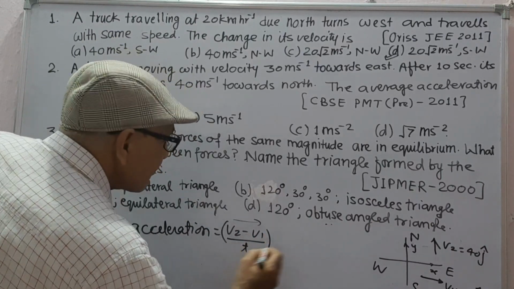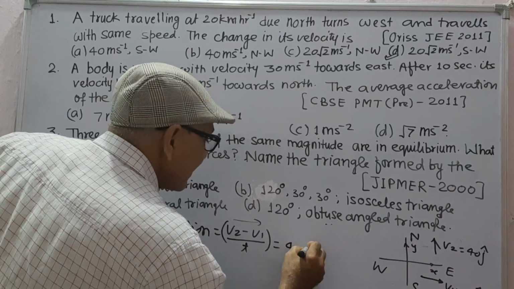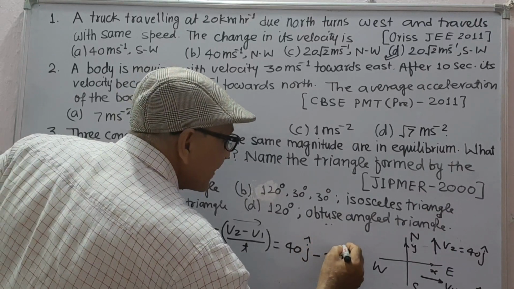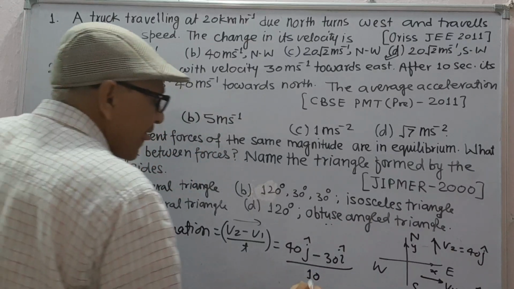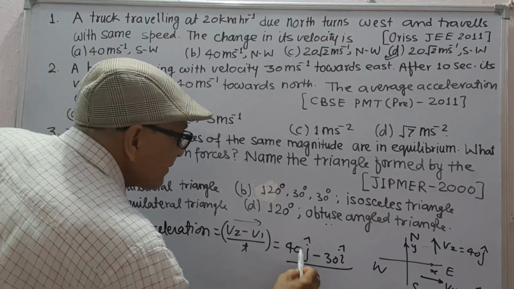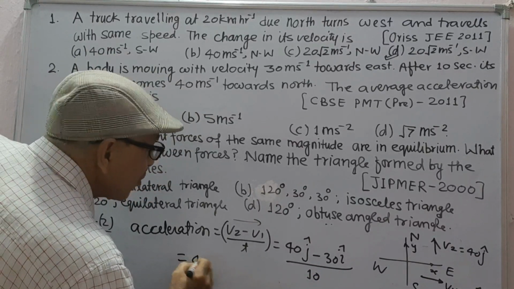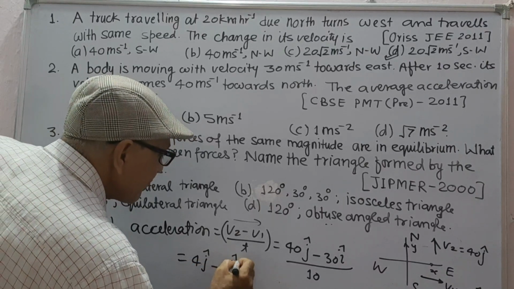Velocity change is 40 j minus 30 i upon 10 second. Zero zero cancels out. This gives 4 j minus 3 i.